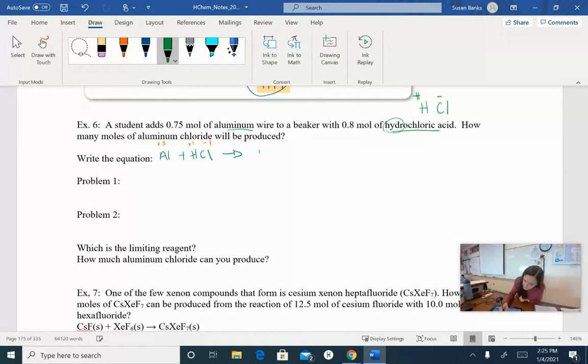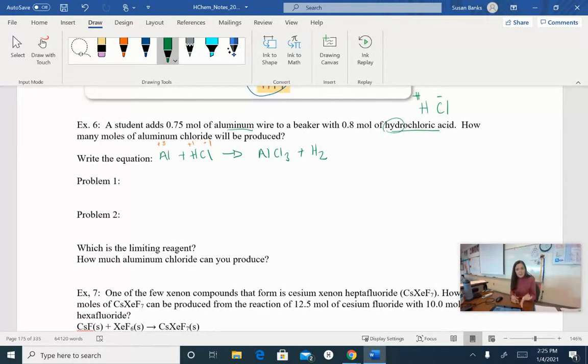My aluminum is a +3 and chloride is a -1, so I'm going to need 3 chlorides. And when hydrogen is by itself, it is one of our diatomic gases, so it's going to be in groups of 2. So there's my skeleton equation.